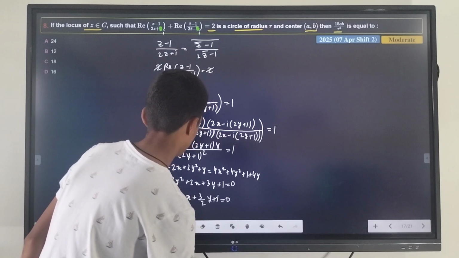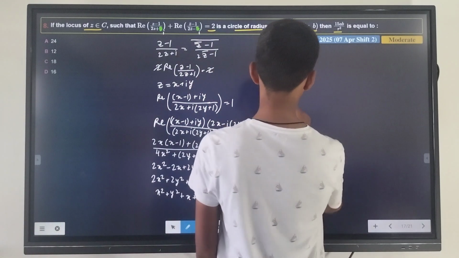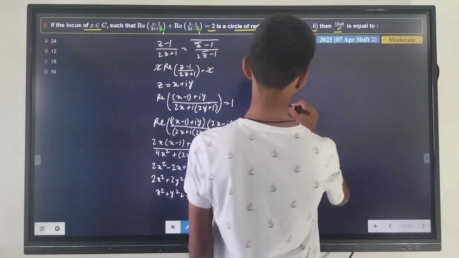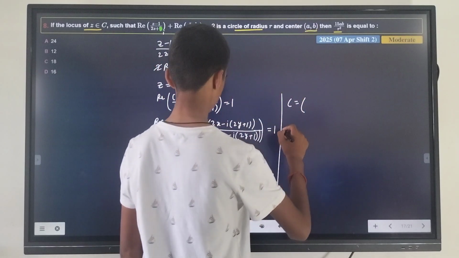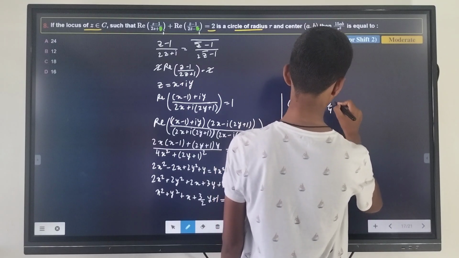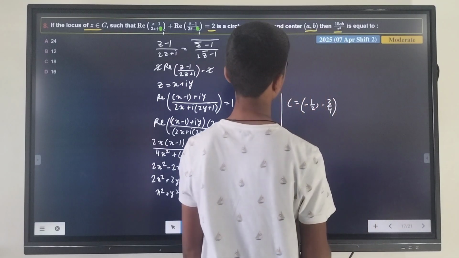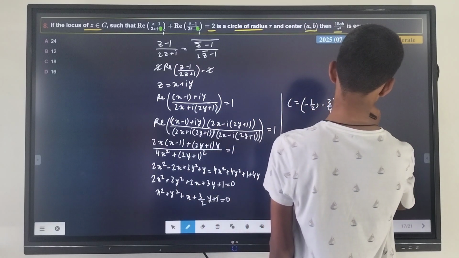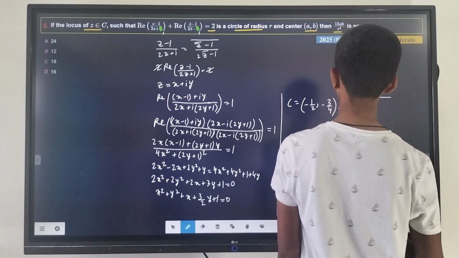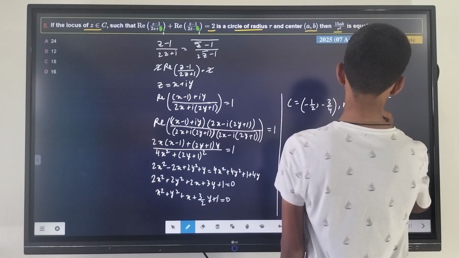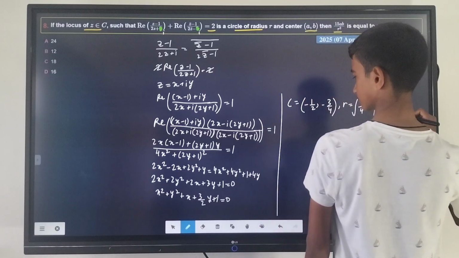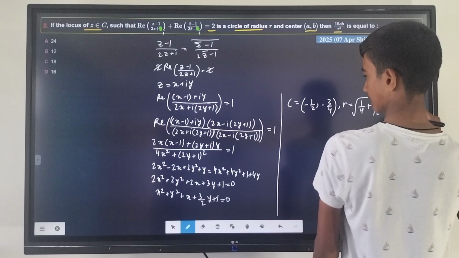Plus 2x, 3y, yes. So from here, our center is equal to minus half comma minus 3 by 4, and r is equal to under root of 1 by 4 plus 9 by 16 minus 1.